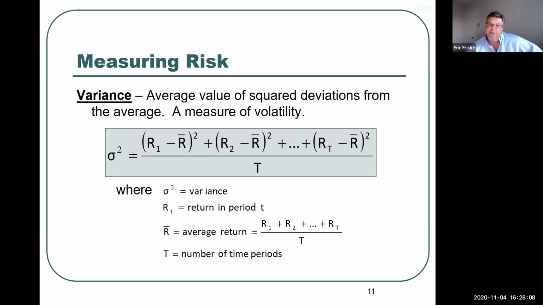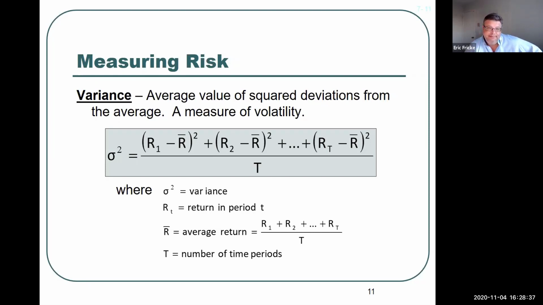But basically what we're going to do is first calculate this R bar in this equation. And then we're going to calculate the return for each year minus R bar. And then we're going to square each of those terms. Then we're going to add them all up. And then we're going to divide by t. But we break it down step by step, like it does in your textbook.